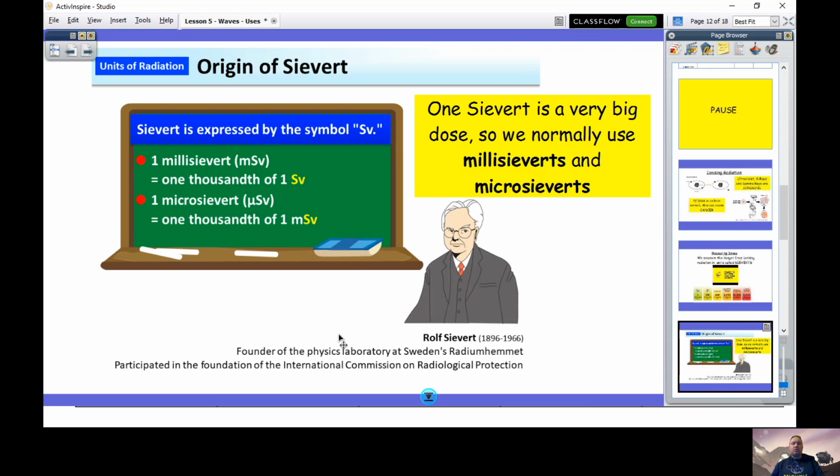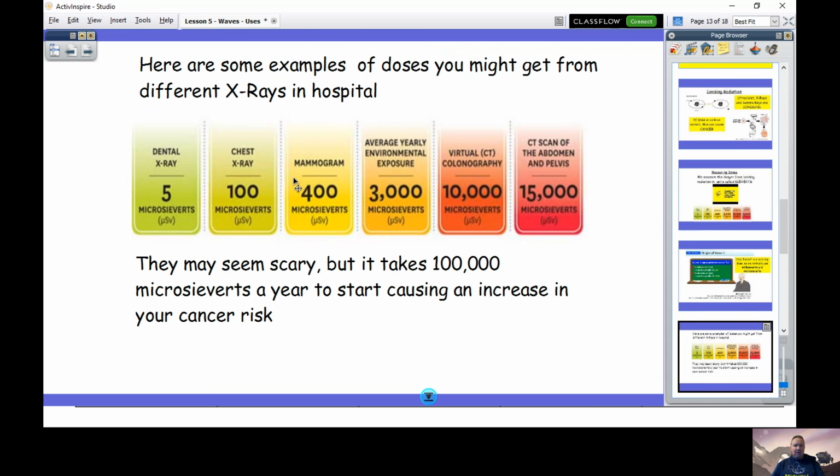So when we're looking at the dose we are exposed to, we would use sieverts if it's a very big dose, but you're more likely to see millisieverts or microsieverts. So for example, if we look at some of these different X-rays you might get in hospital, these are some of the doses you might get in microsieverts.